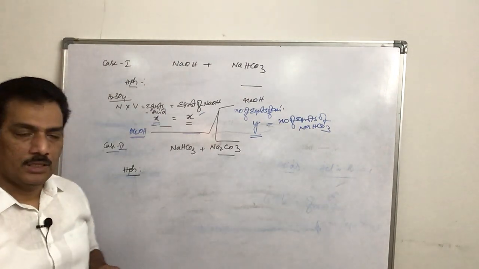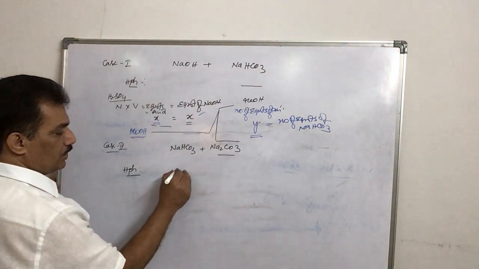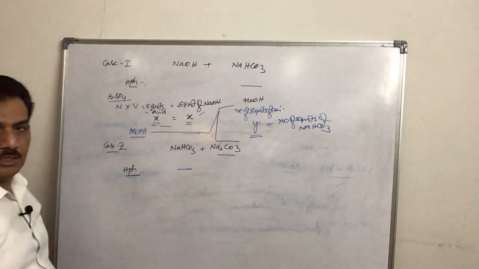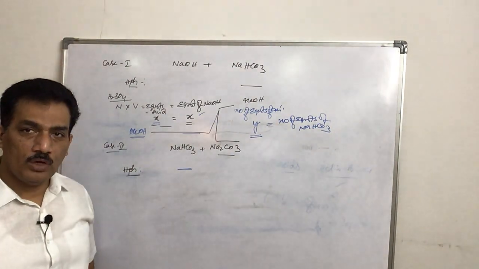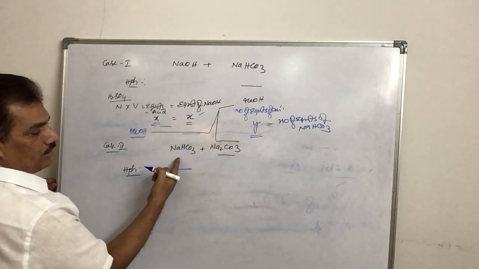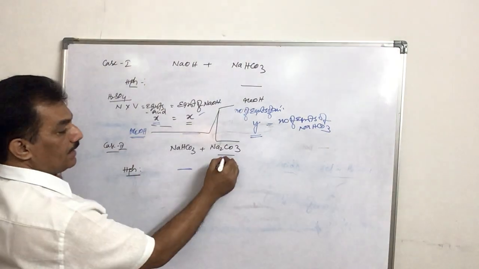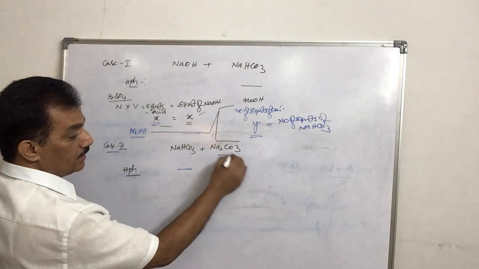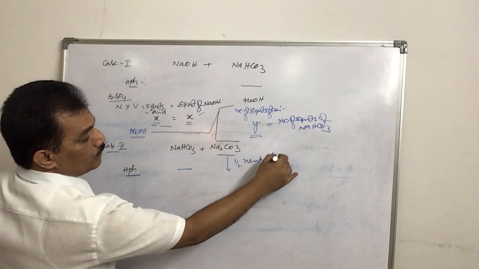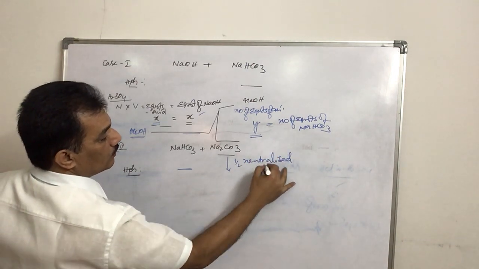We already know that in the presence of HPH there is no reaction of NaHCO3, because it can be neutralized only in the presence of methyl orange. So when phenolphthalein is present, it is not getting neutralized, and here the Na2CO3 is half neutralized to NaHCO3.